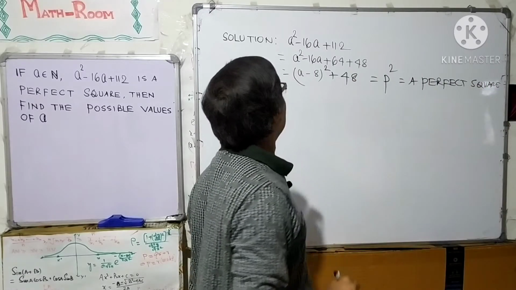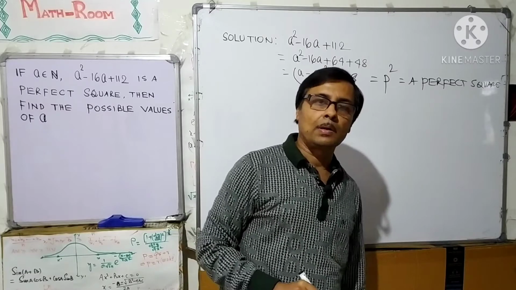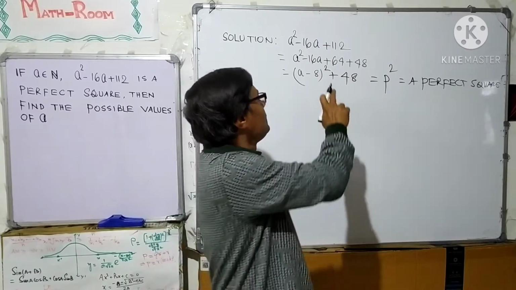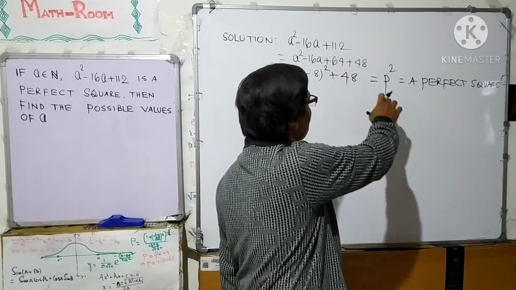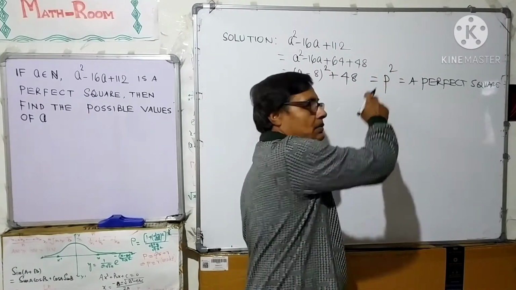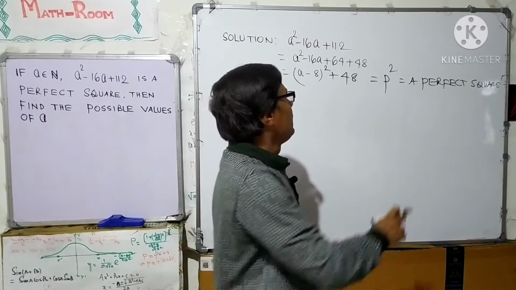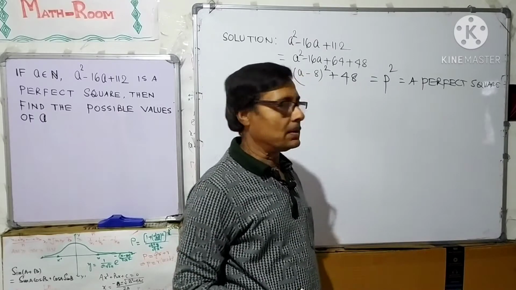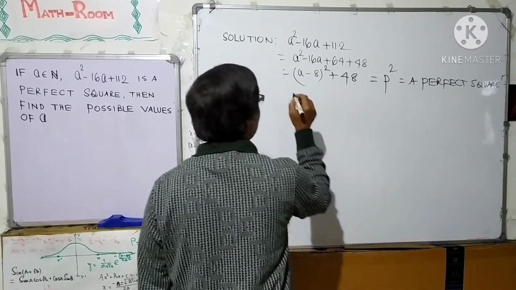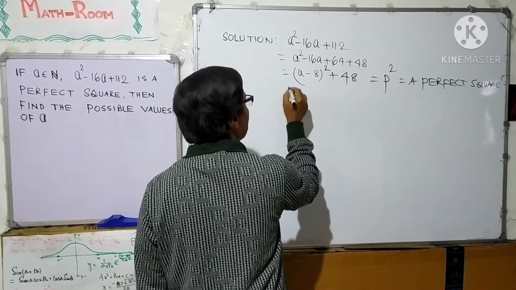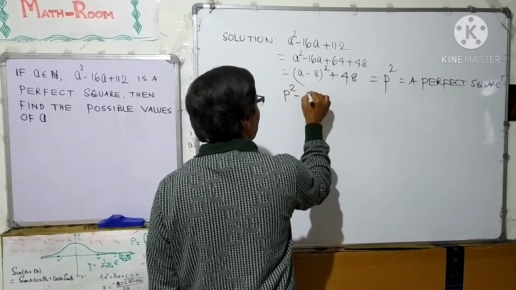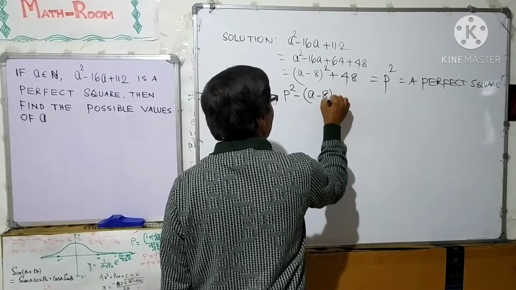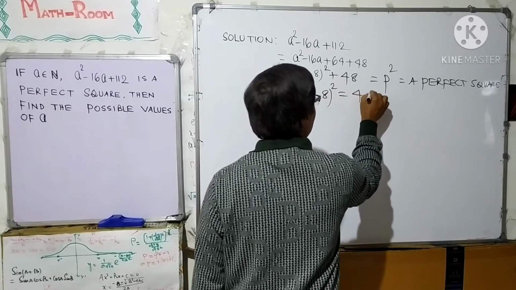We are given that a square minus 16a plus 112 is a perfect square. So, we can express this expression in this form, that is a perfect square p square, where p is any natural number. Now, we can also write p square minus (a minus 8) whole square equal to 48.